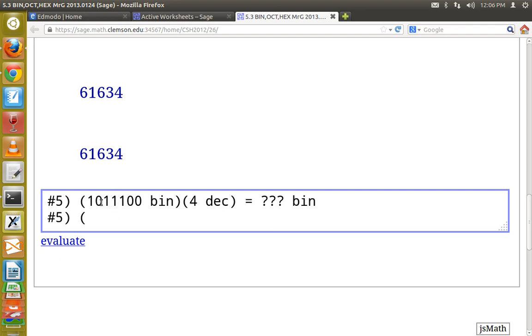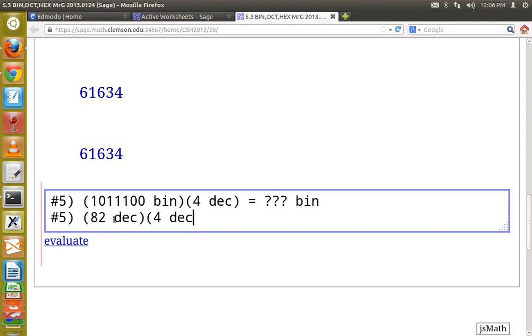No 32s, but so what's 64 and 28? 64 and 28. How much? Wait, no. 82? Okay. So 82 base 10 times 4. Is it 92? We had 64 and 28. Yeah, 92. Whoa, that was weird. All right, 92.